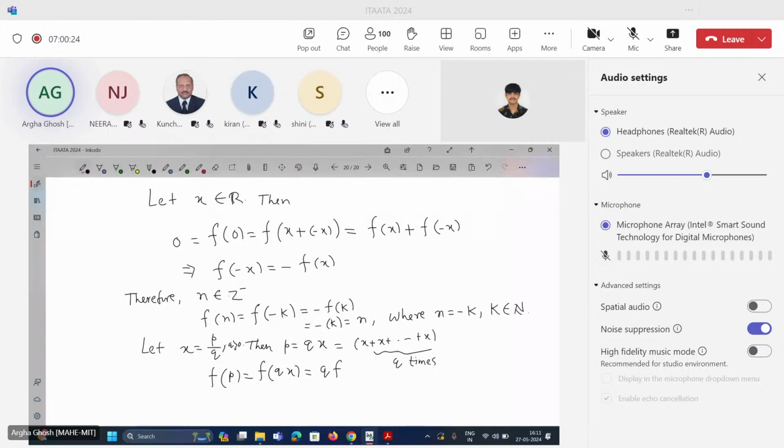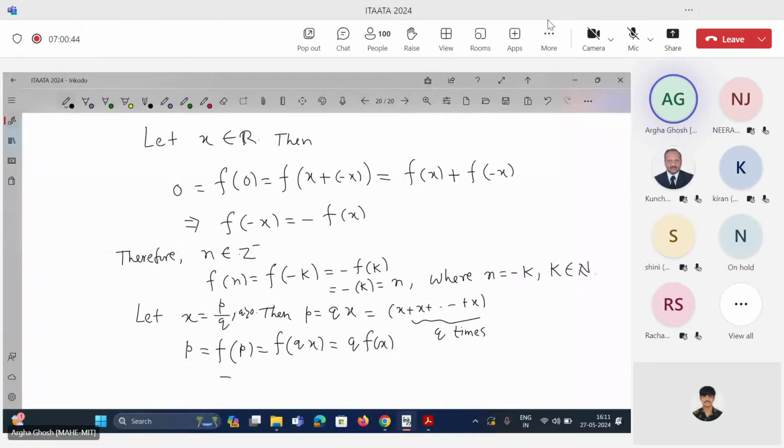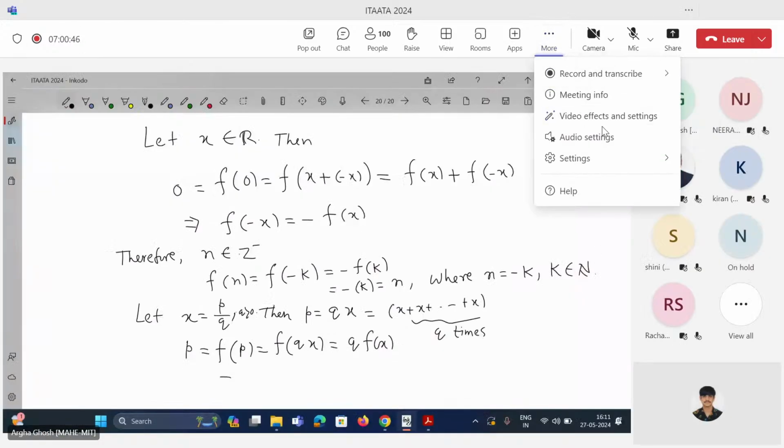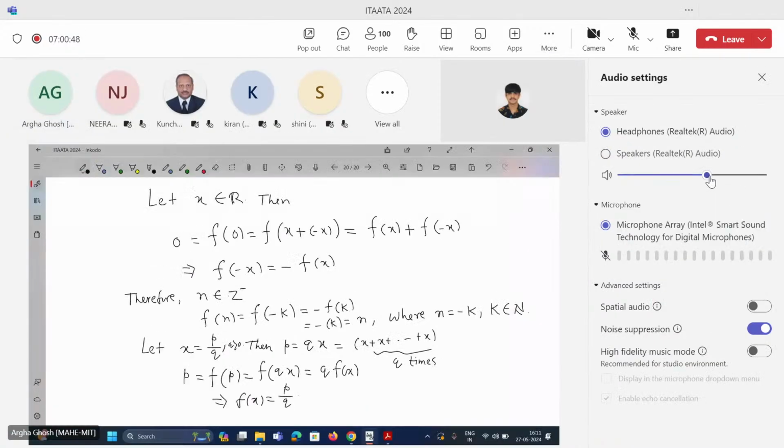Is it clear to everyone? Because q times x, so f of x plus, it's q times. Now f of p is an integer, so this is the same as p. This implies that f of x equals p by q. So therefore f of p by q is p by q if it is a rational number.